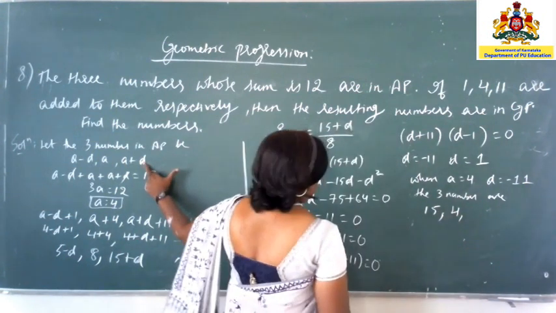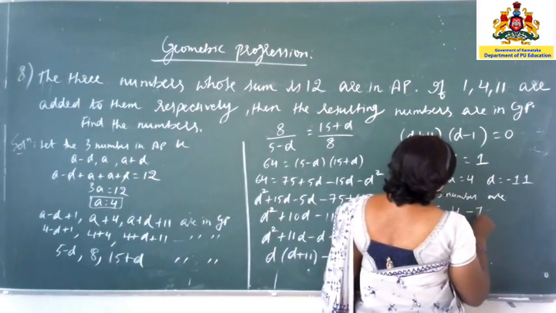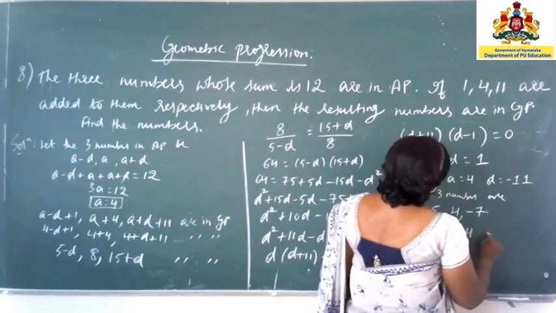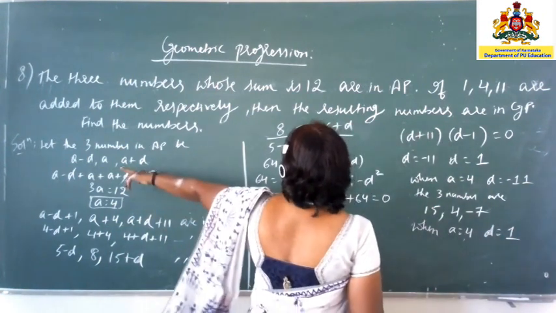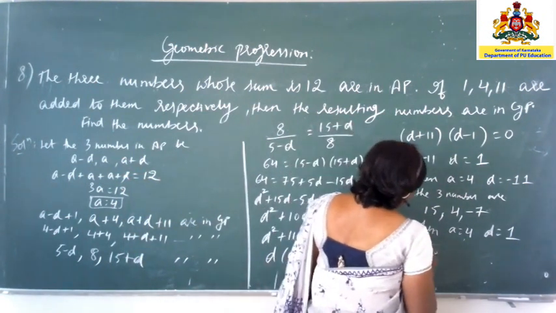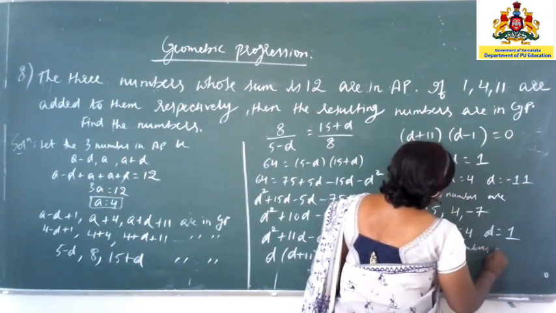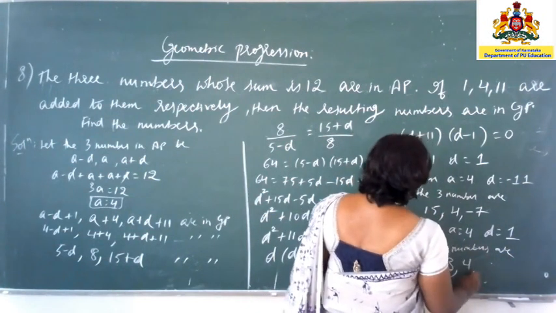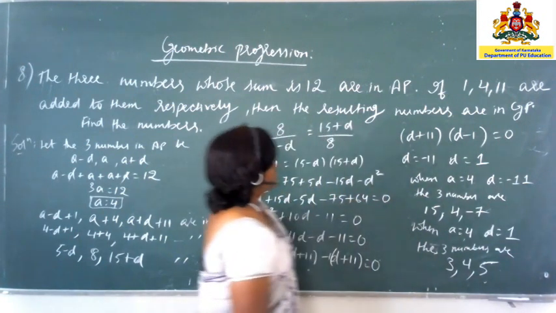Then a plus d, so 4 minus 11, that is minus 7. So when a is equal to 4, d is equal to 1, that will be 4 minus 1. So the three numbers are 3, a is 4, 4 plus d, 4 plus 1, 5. So 3, 4, 5.